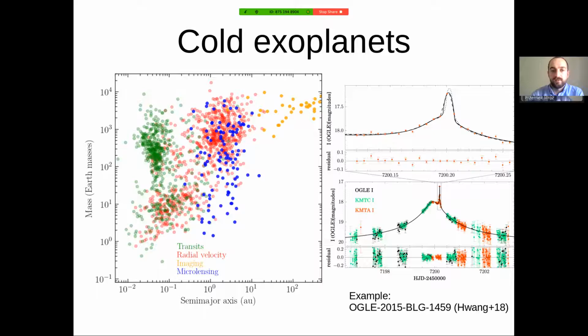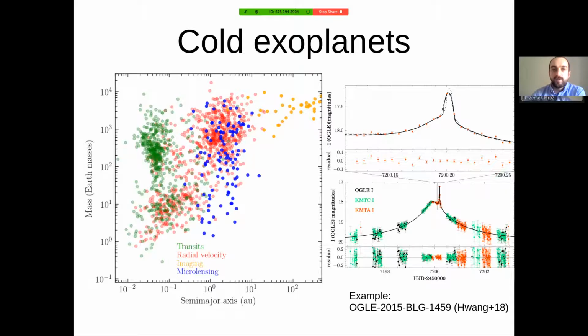Radial velocities and direct imaging allow you to detect large, giant, Jupiter-sized planets, whereas microlensing, here shown in blue, is capable of detecting very low mass planets, Earth mass planets, at relatively large separations between 1 and 10 astronomical units. So such planets cannot be detected otherwise.